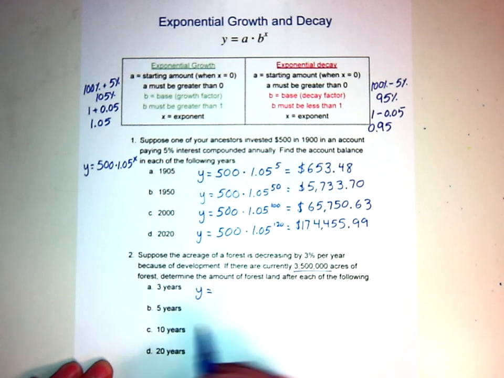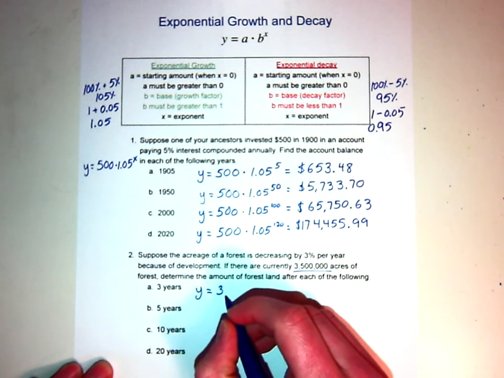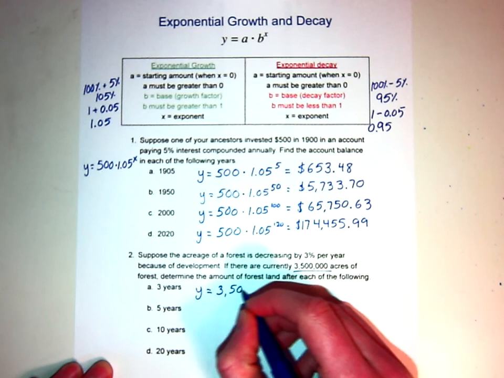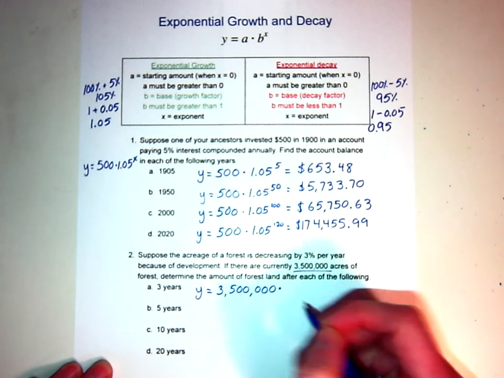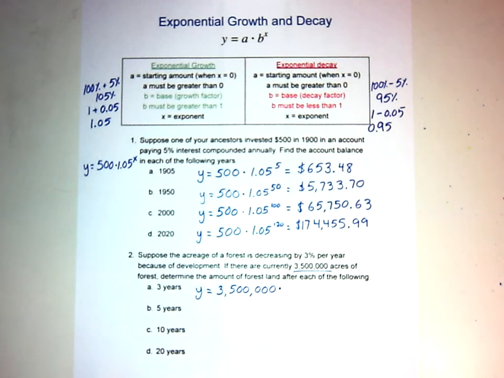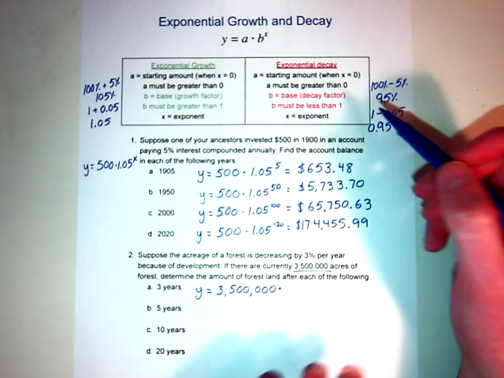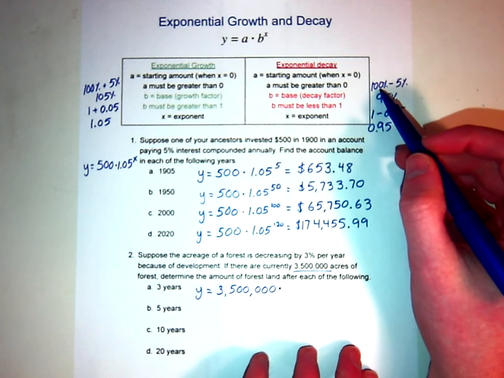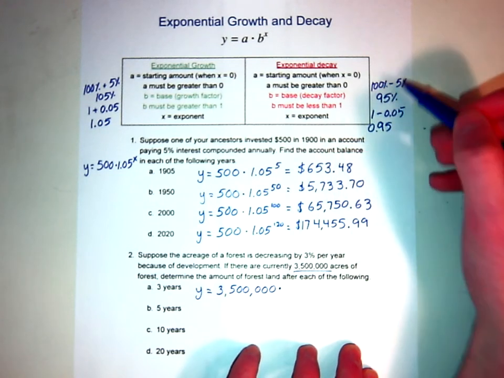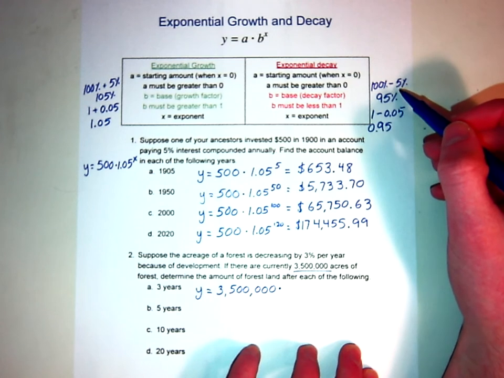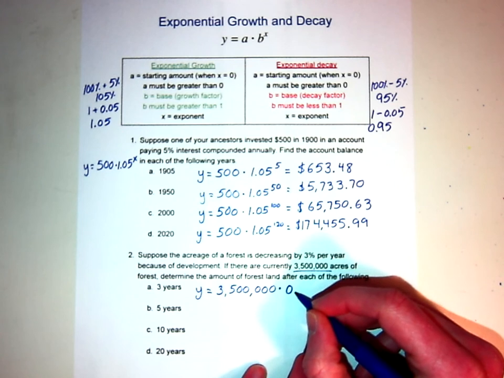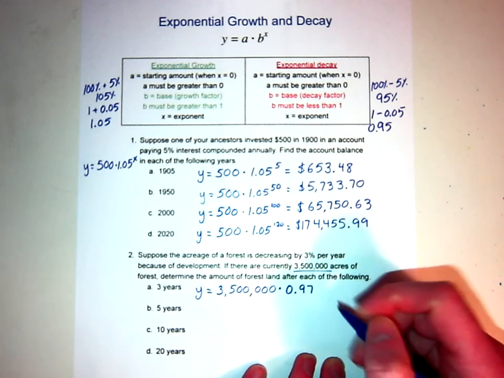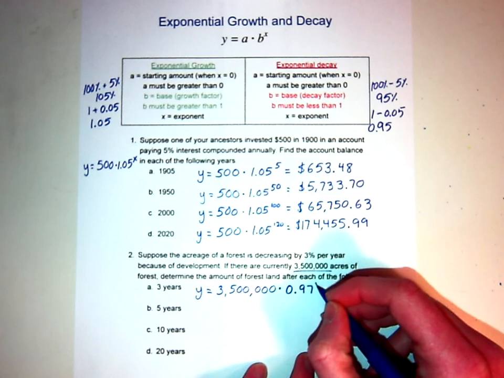My starting amount is 3,500,000. Big number. It's going to be multiplied by, this time it's decreasing, so I need to do my decay factor. So it means I need to do 100% minus 3%, so it would be 97%. I want it in decimal form, so I'm going to multiply it by 0.97, and it's going to be to some value.